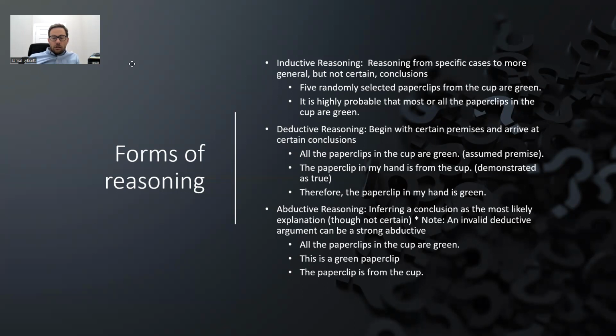Rather, we're looking at it in something of a deductive way, but then we're drawing a conclusion that cannot be held certainly, but is probable. So those are our 3 forms of arguments. Now, the rest of the semester, the session, the class, we're going to be looking at inductive and deductive reasoning.